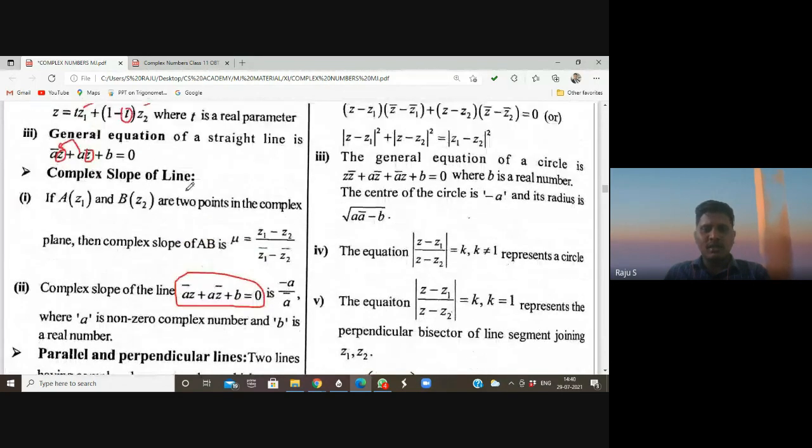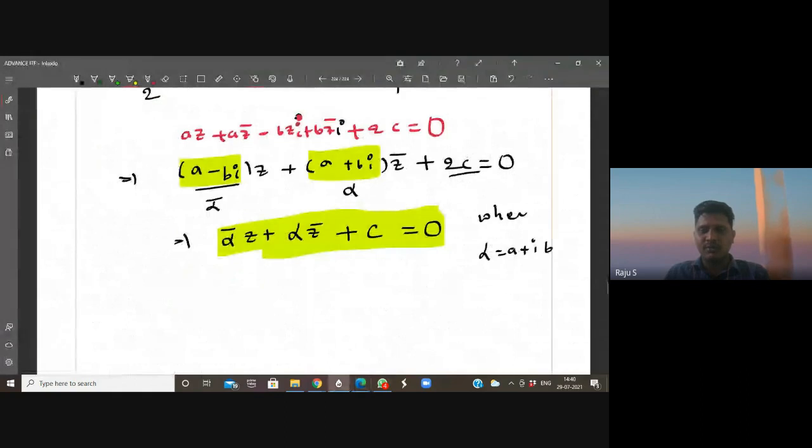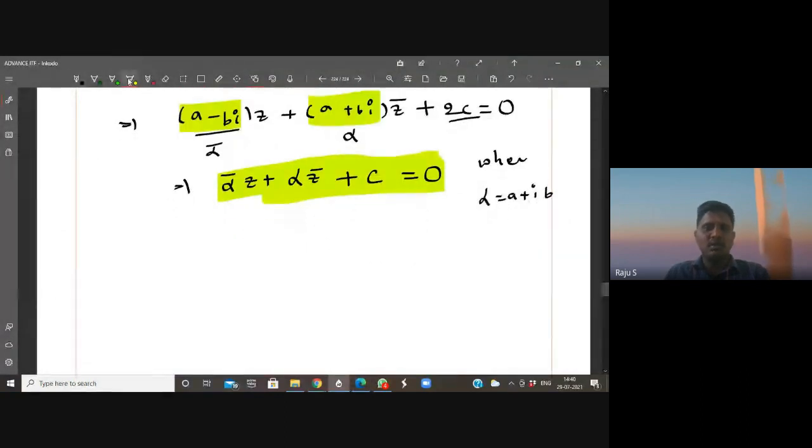But how to convert, for example, a circle? We know that the circle equation is what, students? x square plus y square is equal to, yes, r square. Now I want to convert this circle equation into complex form, the complex plane.